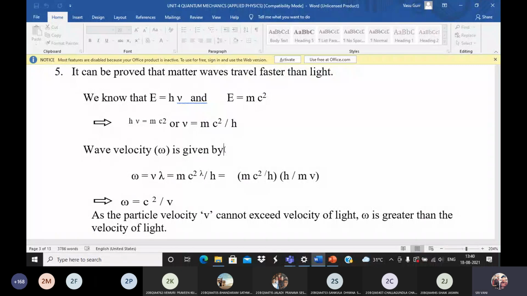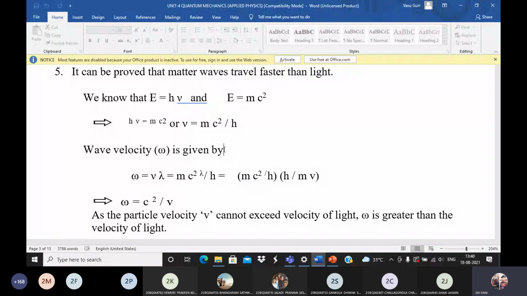Okay. The concept is mass velocity. Properties of the matter waves. We studied that matter waves travel faster than light. Our quantum mechanics started with the Max Planck relation, and E is equal to mc square.